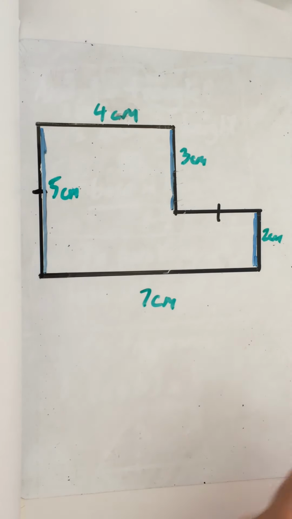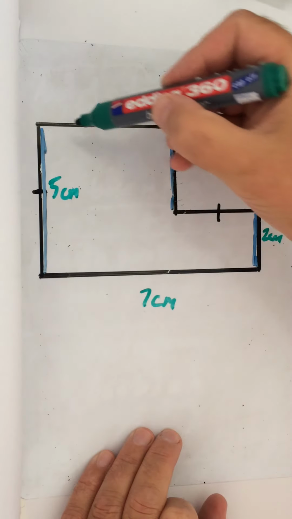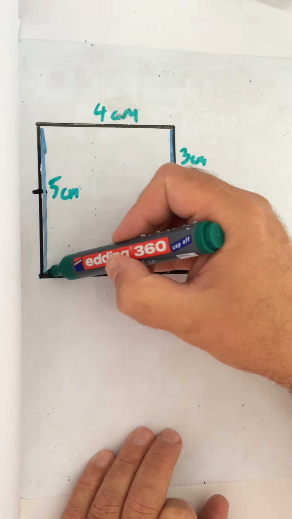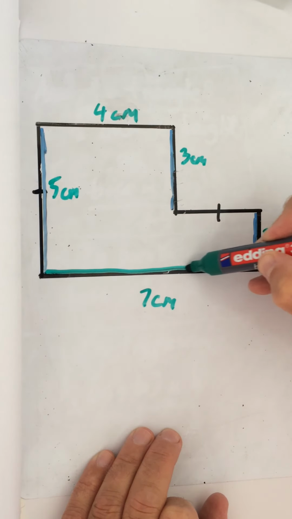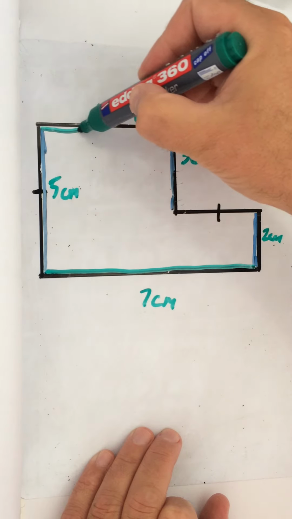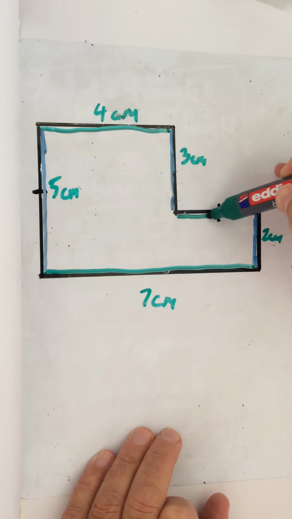Let's have a look at the other side. Here I can see I've got 7 all the way along here, and opposite I've got 4, and I've got this missing one here. So if I do these ones in green, this line here in green is going to equal, because it's directly opposite, this line here plus this line here.